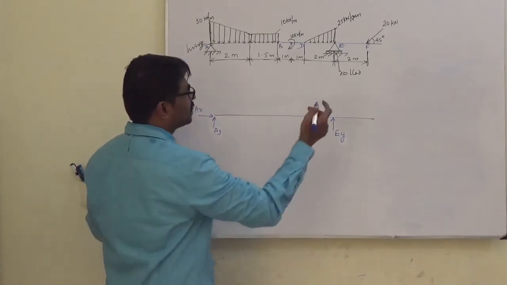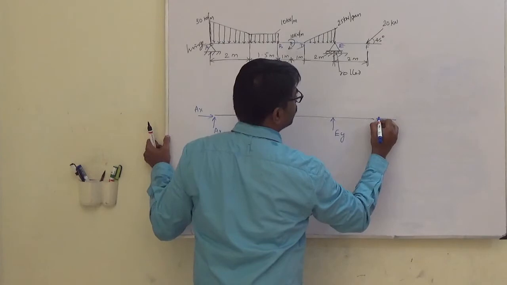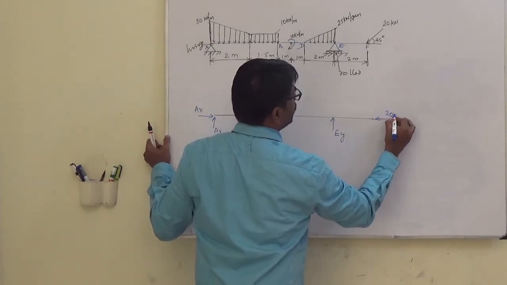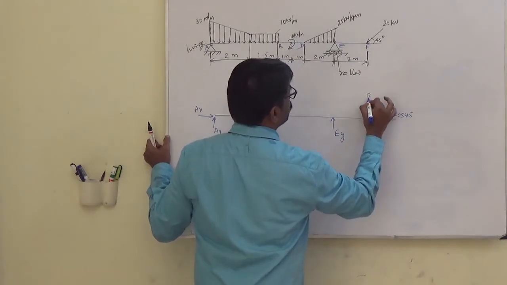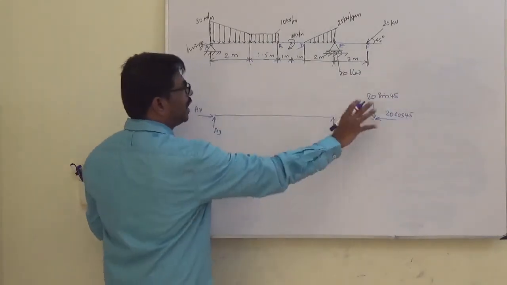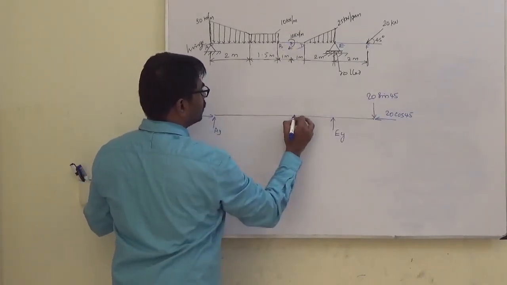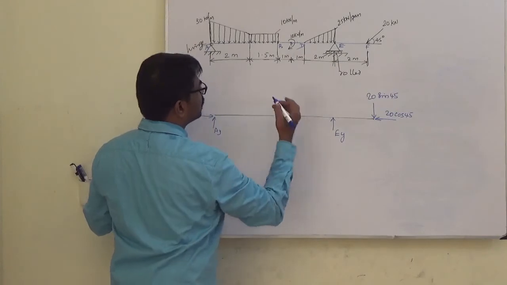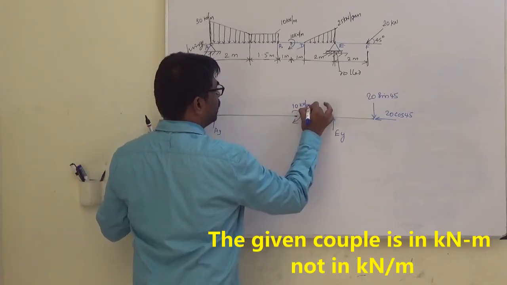This is an inclined force, so I will resolve it into components: 20 cos 45 and 20 sin 45. And this couple, you can place as such. It is 10 kilonewton meter.